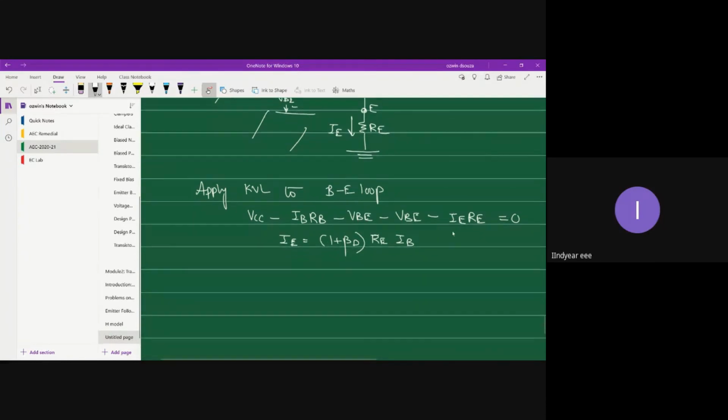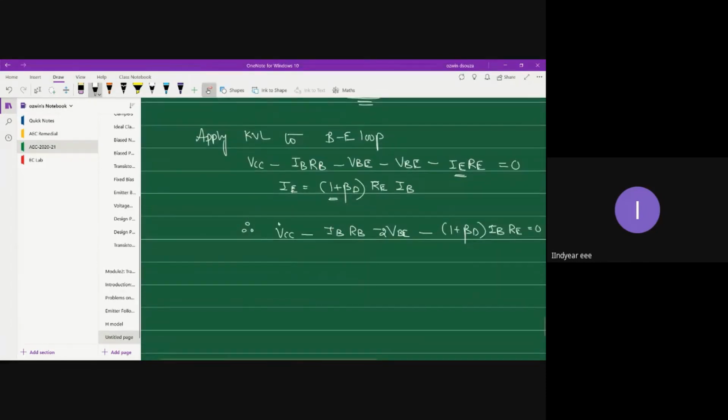So against IE, we have 1 plus beta D. Therefore, VCC minus IB RB minus 2 VBE minus 1 plus beta D times IB into RE is equal to 0, or the base current IB is basically VCC minus 2 VBE divided by RB plus 1 plus beta D times RE.